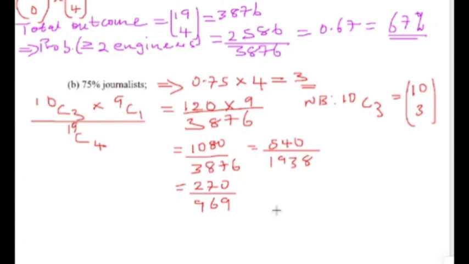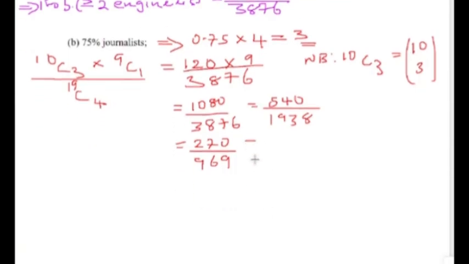Now we should be able to divide that number by 3. 3 into 27 is 9, and then we have 0. Then the denominator, 969 divided by 3, we're having 323. So we can keep breaking this down as much as we can.